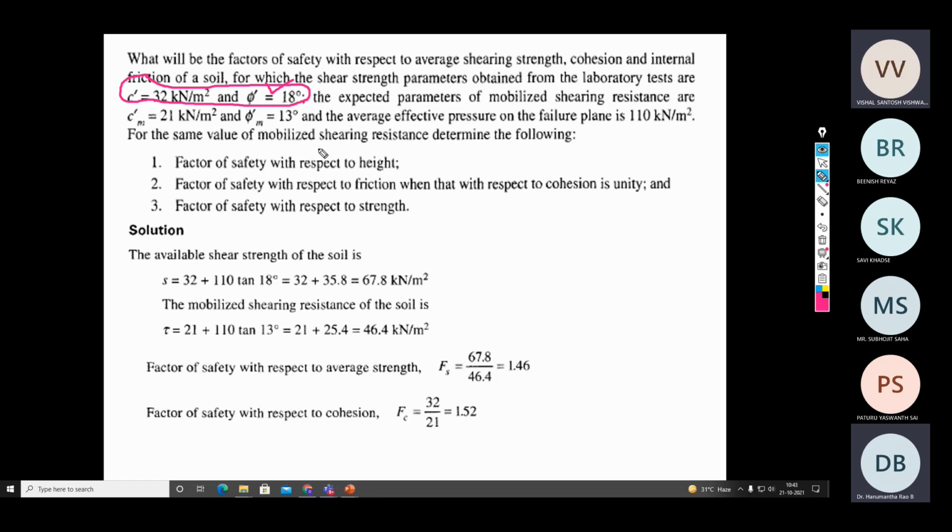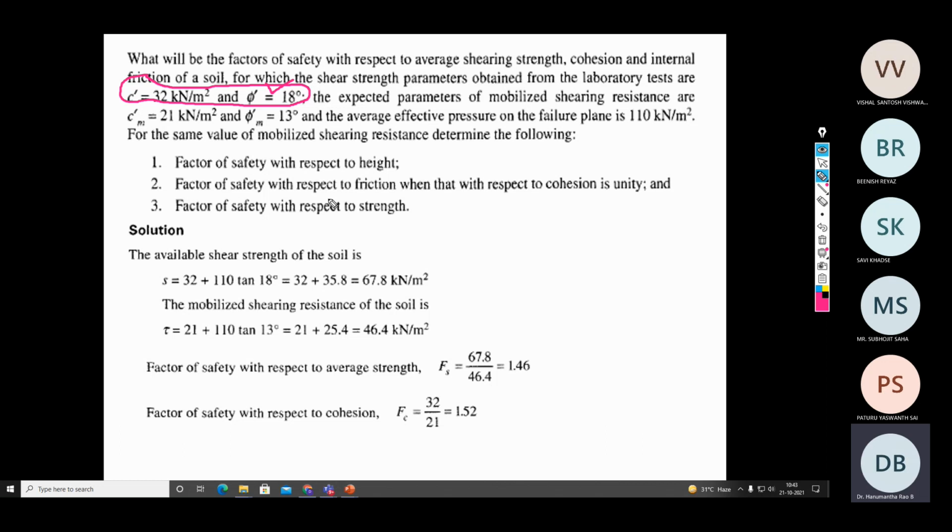First we can find the ultimate shear parameters, then by decreasing some amount from these two values, c dash and phi dash, we can check the factor of safety. Okay, so that is one way.